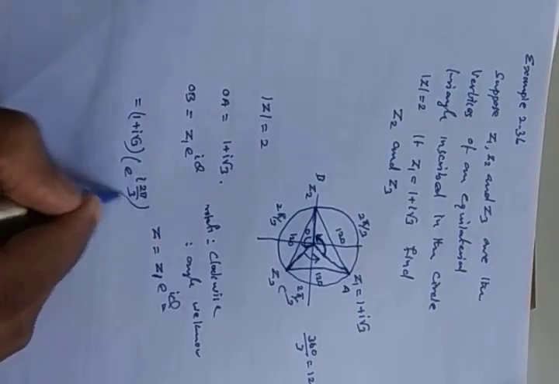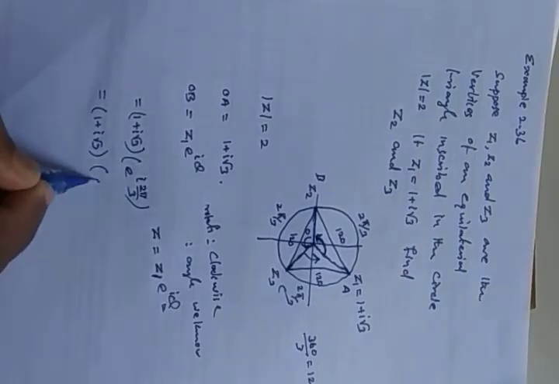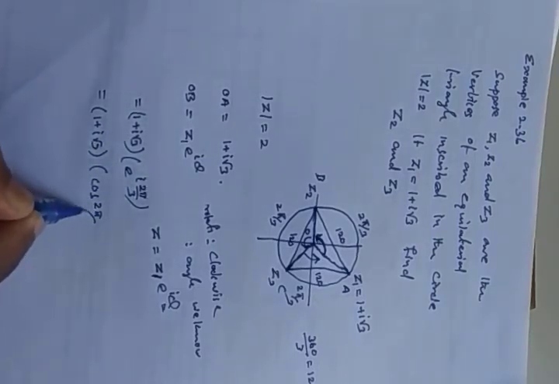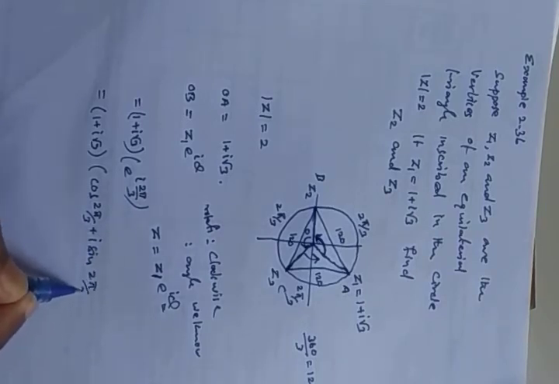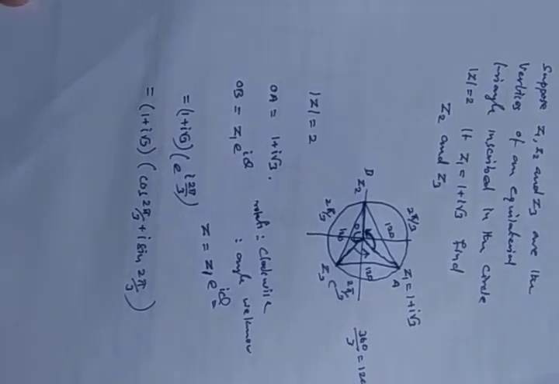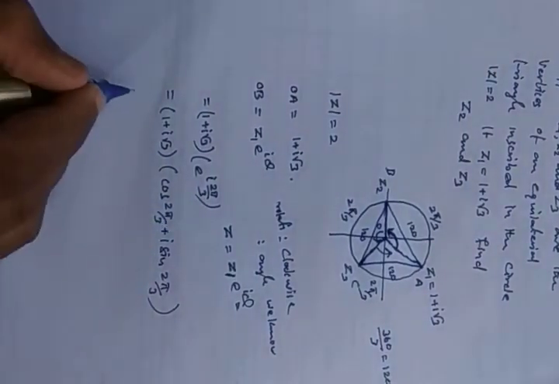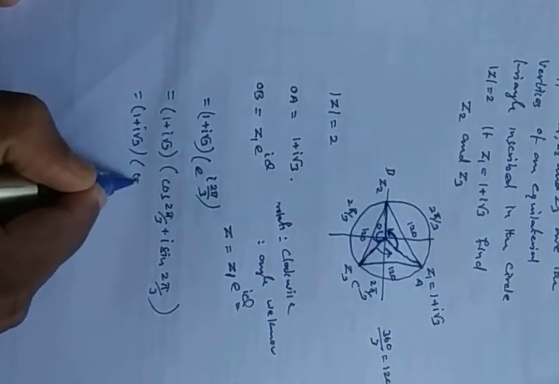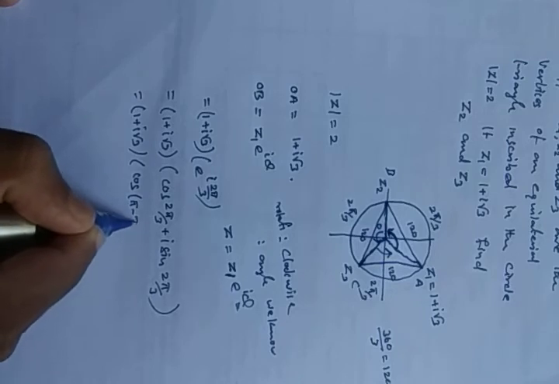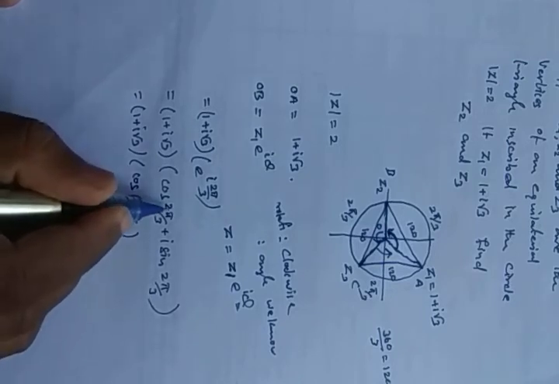That you write in complex number form, 1 plus i root 3 times cos 2 pi by 3 plus i sin 2 pi by 3. Is it correct or not? Right? Okay. Now you have to convert this one. This you can write as cos of pi minus pi by 3. 3 pi minus pi is 2 pi, so the reverse is coming.